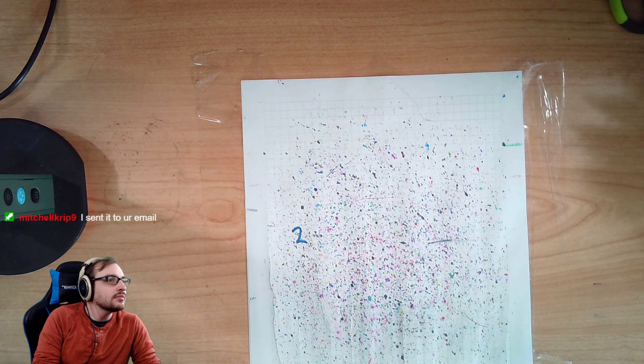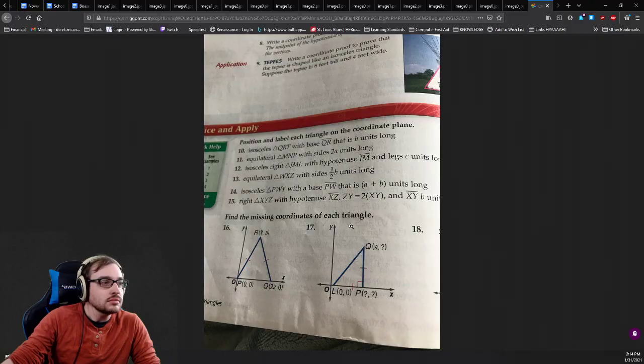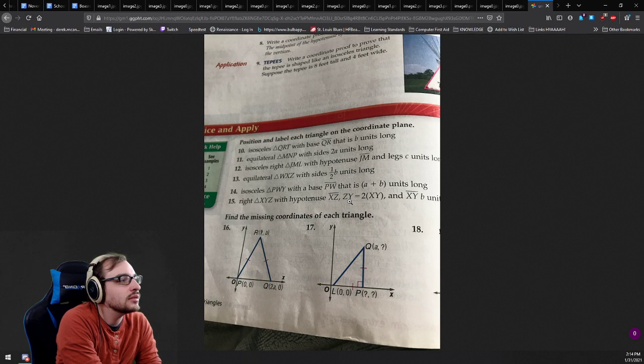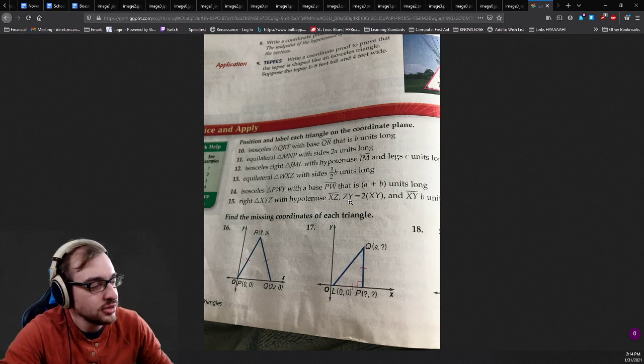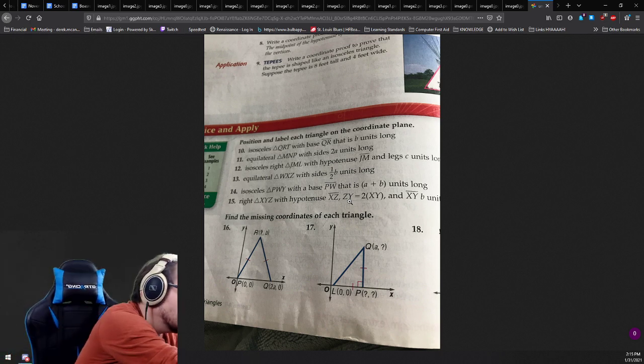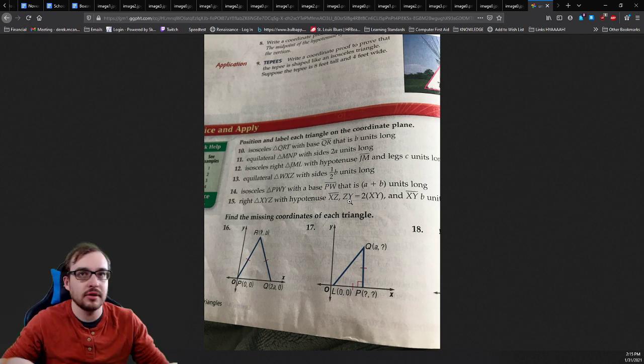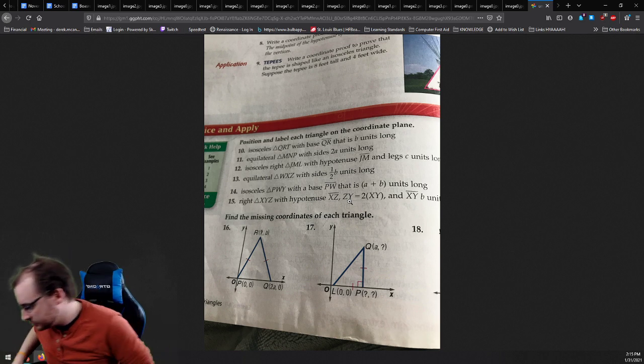See if I can find it. Position and label each triangle in the coordinate plane. Okay, let's see if this has educational value. Let me go grab some graph paper out of the back room.